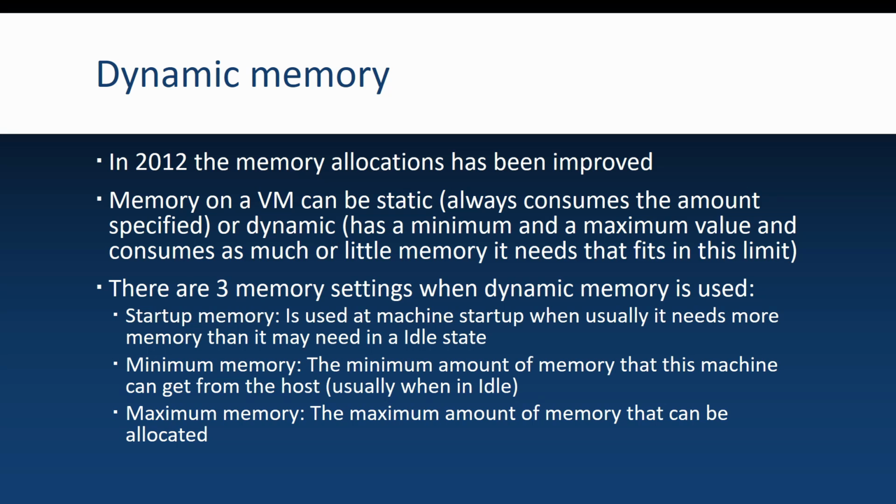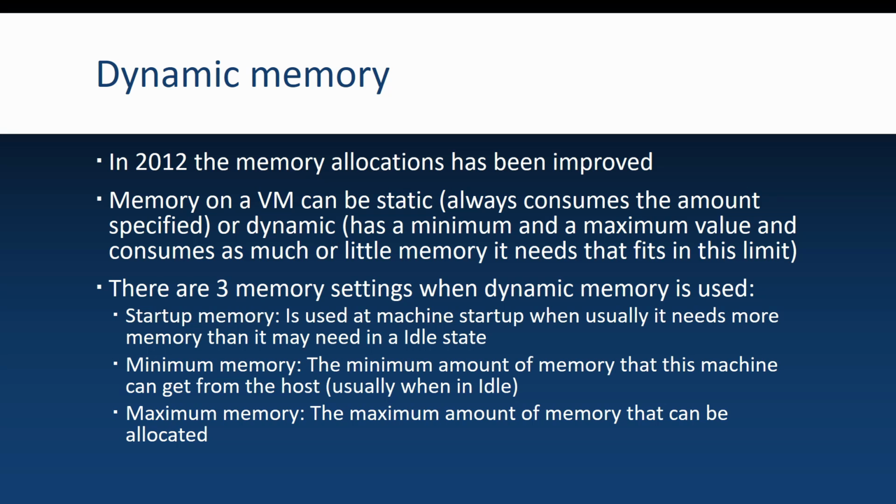The first one I want to start with is dynamic memory. In Windows Server 2012, on Hyper-V of course, the memory allocation has been vastly improved. So from 2012 and onward, we had two types of memory allocation settings.